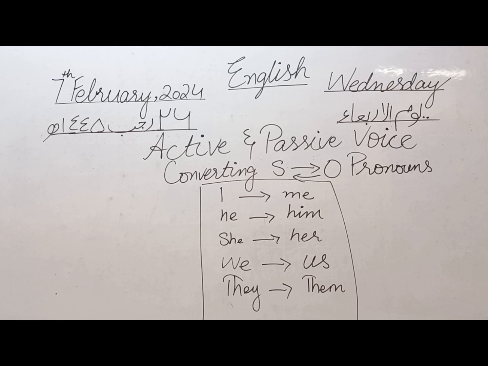After this, now I will tell you 5 easy steps. If you follow those 5 steps, then active passive voice will be the easiest thing in this world for you. I'm telling you, these are very easy.